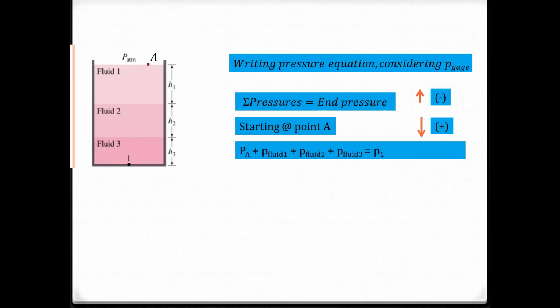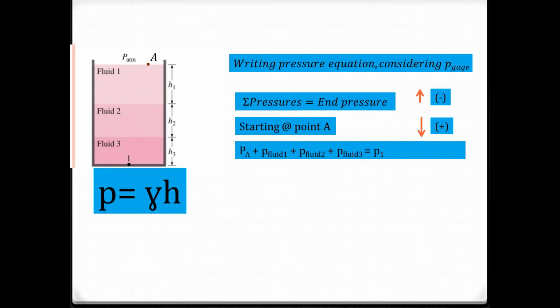So we start to write the pressure at A and then go downwards, plus the pressure at fluid 1, and then from that we go downwards again, adding the pressure of fluid 2, and then from that level we further go down, adding the pressure due to fluid 3, and the end pressure is at the level of point 1.